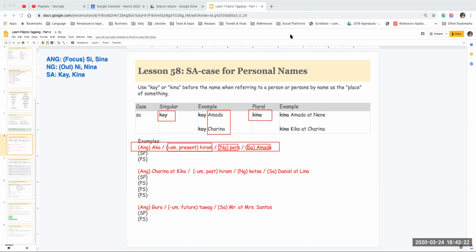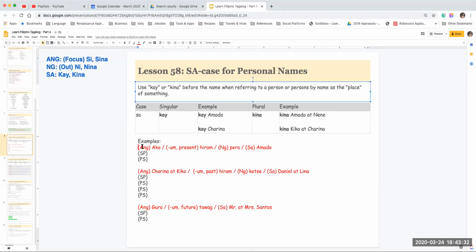So let's do this. SP first. So your ang case is ako. Can you help me make the sentences? Okay, the first one.